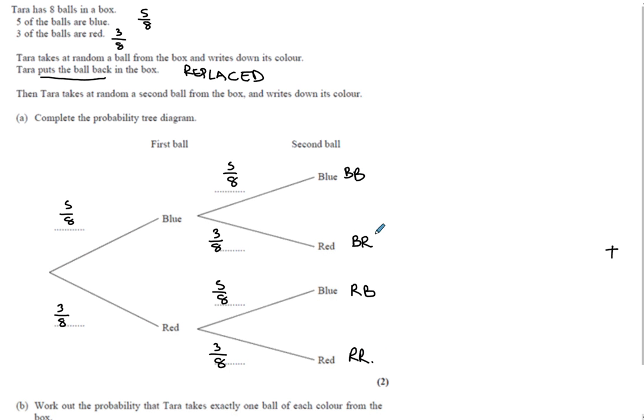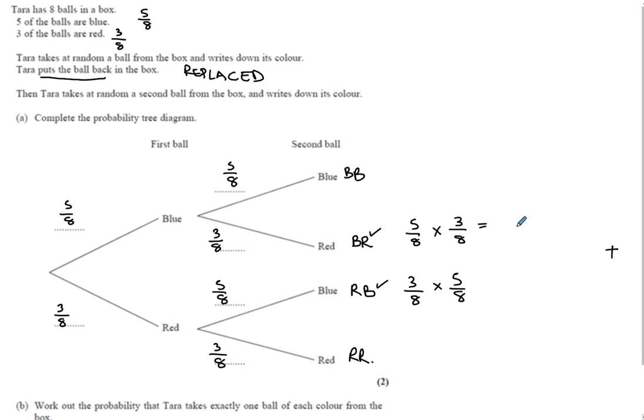So we need these two. The probability of getting a blue is 5/8 followed by, so we times, 3/8. And here, of course, it'll be the other way around, 3/8 followed by 5/8.